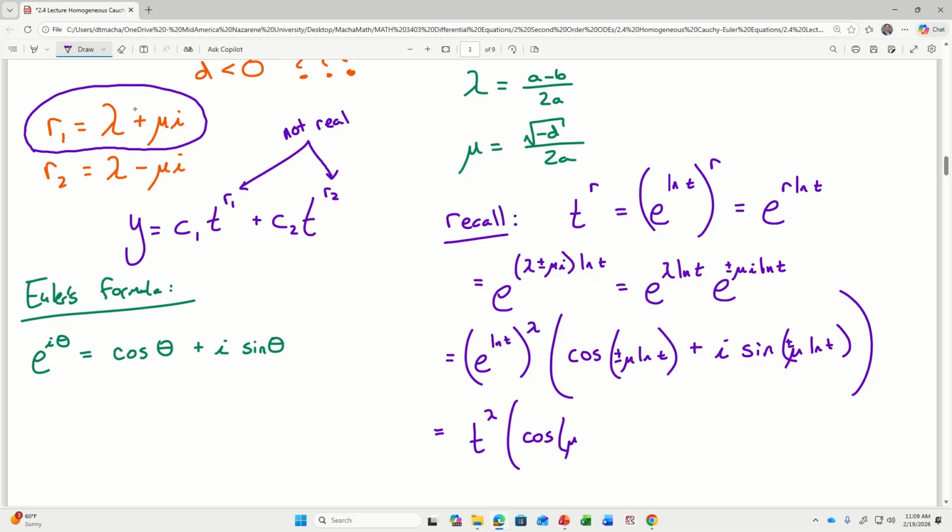If you have a negative argument, you get the same thing out of cosine as if you had a positive argument. Sine is an odd function, and that means making the argument negative would also just be the same as making the whole function negative. And so I will get plus or minus i times sine of mu natural log t.